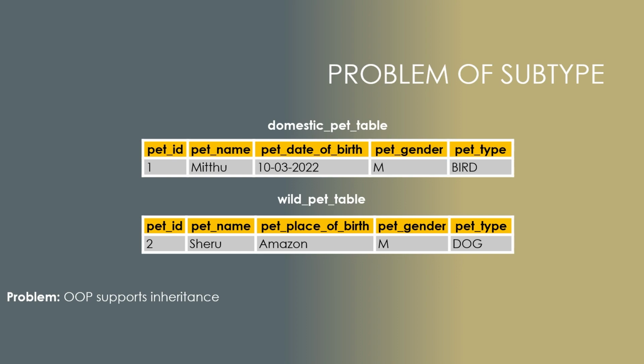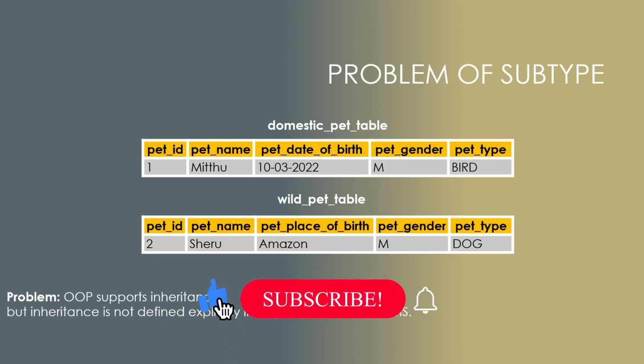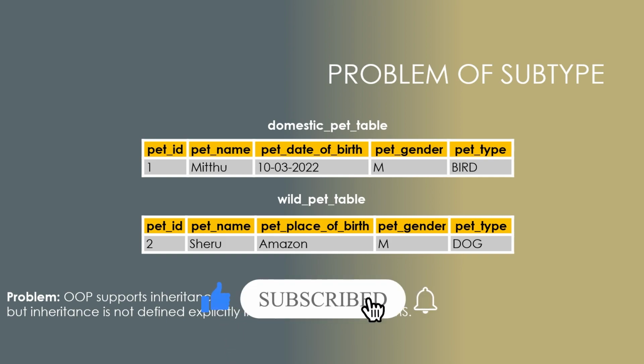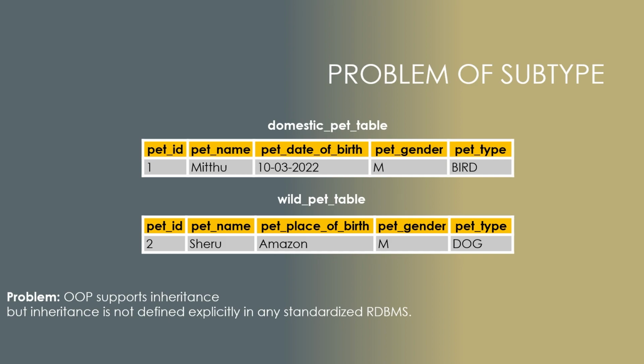But now the problem is that in OOP we have inheritance. Like in Java we have inheritance, but generally in the database we don't have anything as such directly as inheritance. I mean, directly it's not there. With the help of Hibernate we will try to have inheritance, but it is not directly available in the database. You can go for two different tables like this, or another possibility is you can go with a single table with both the columns, date of birth and place of birth.